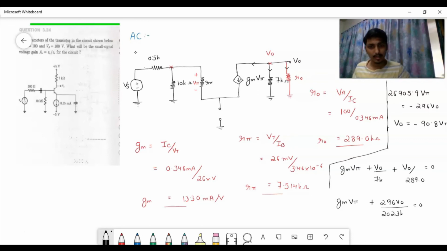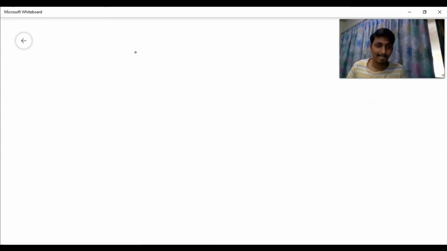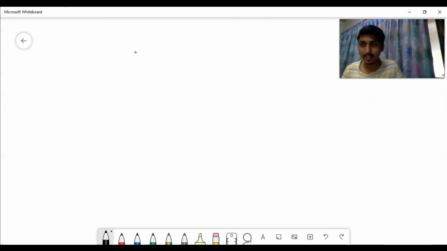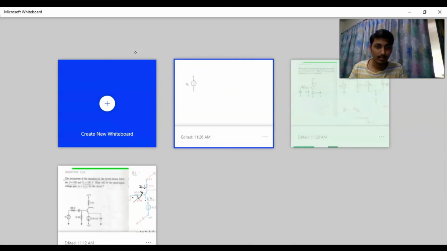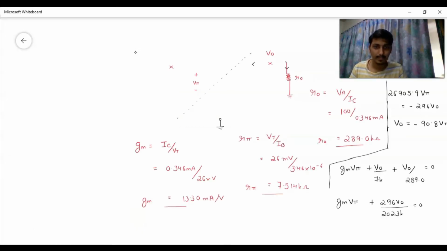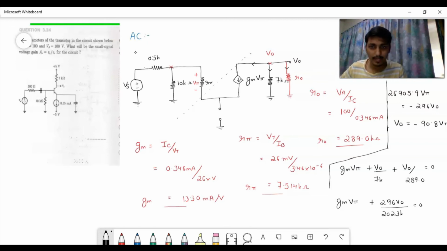So for this, I will solve for this part now. For this part, the source Vs, then 0.5k, 10k and r pi.